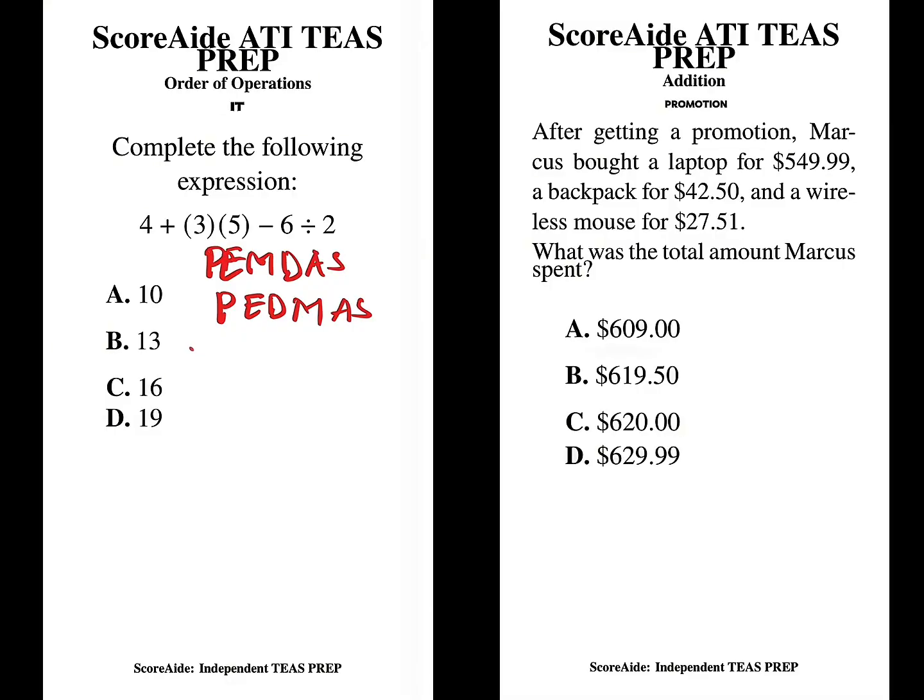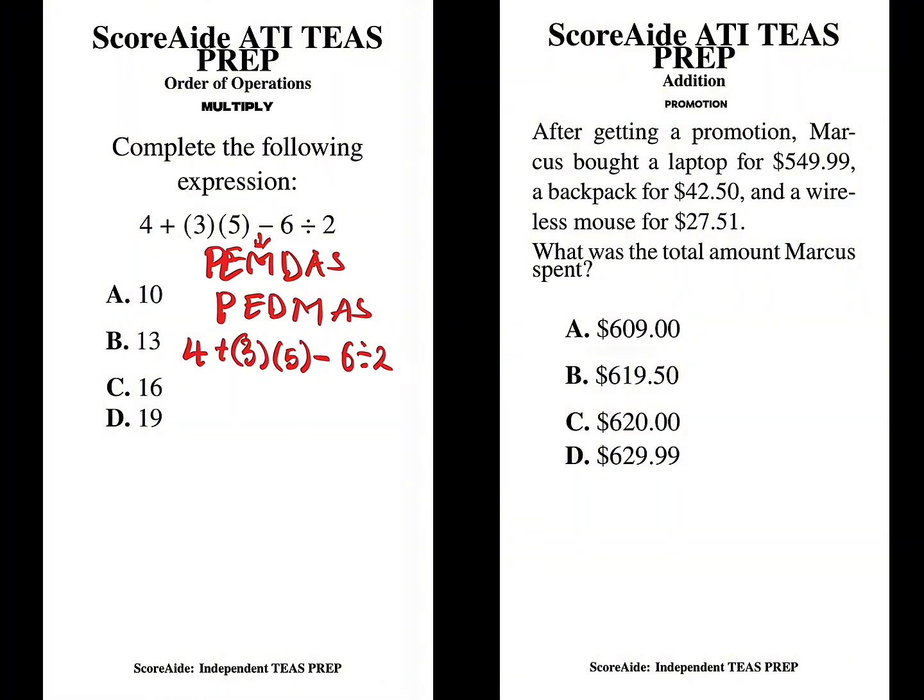Let me prove it. Let's solve it in those two ways. Let's use the first one, which is the order everybody thinks is the right order. In the first format, we deal with parentheses, exponent, multiplication, division, addition, subtraction. So we have to first multiply here.